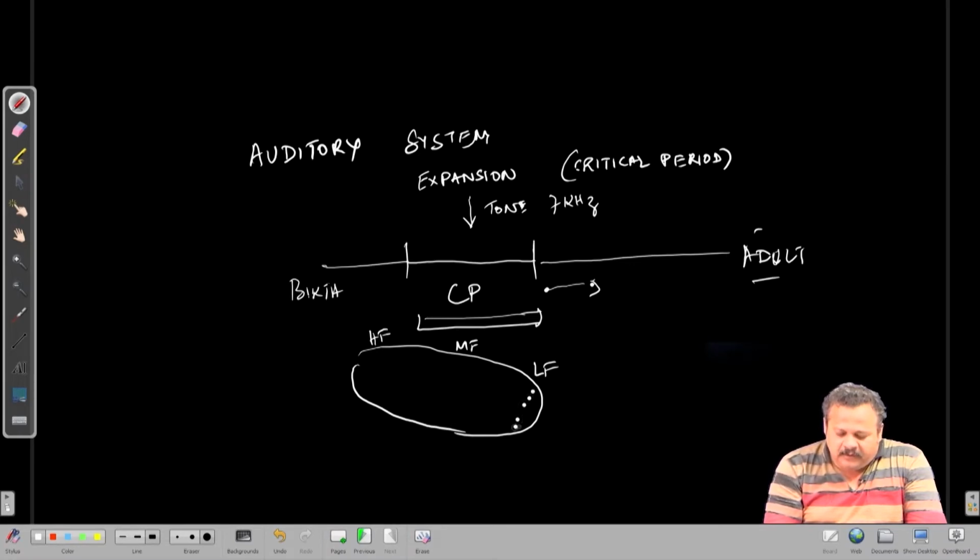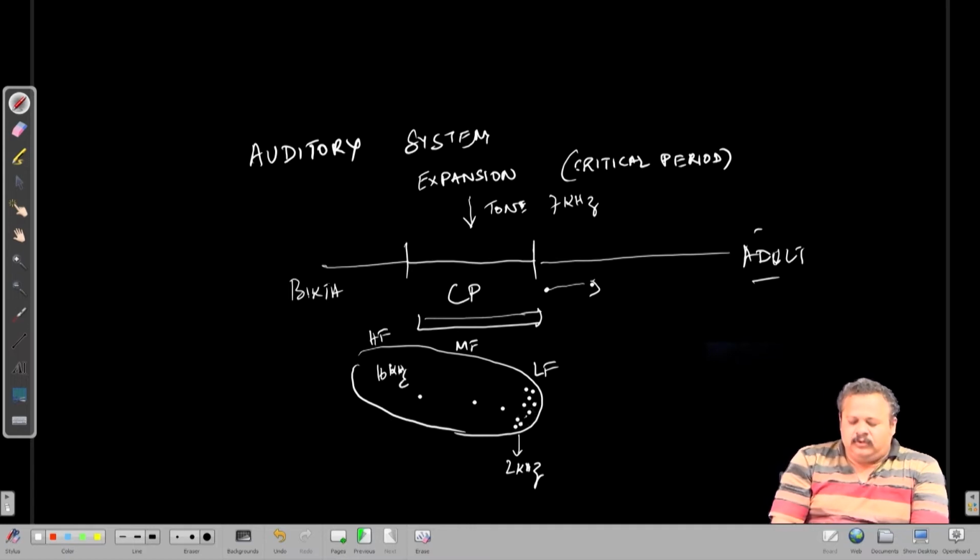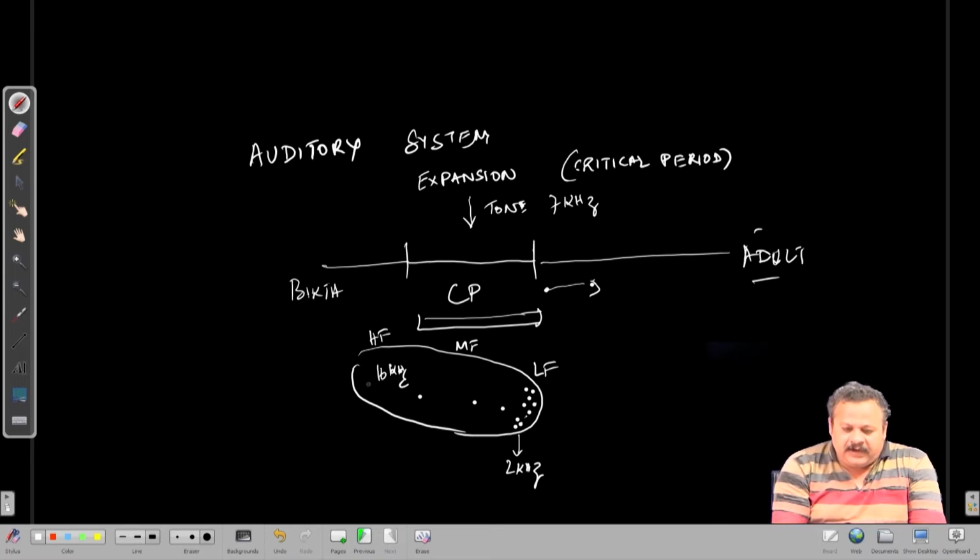So, we have regions of neurons sensitive to 2 kilohertz, and this gradually shifts to, let us say, 16 kilohertz in this region, that is, neurons here are tuned to low frequencies up to high frequencies on the other end.